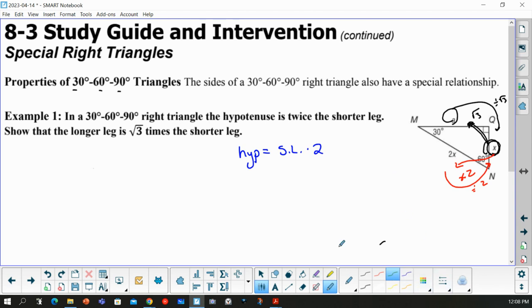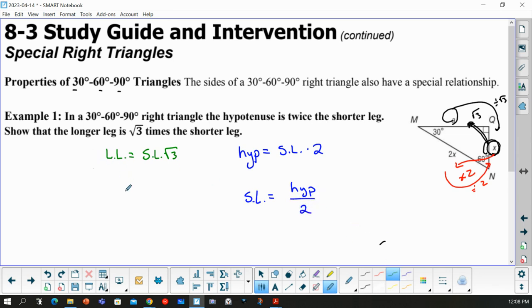And then we could say the long leg, LL, is equal to the short leg times the square root of 3. And then you could do the opposite for each of those, right? I could say, well, if the hypotenuse equals the short leg times 2, I could say the short leg is equal to the hypotenuse divided by 2.